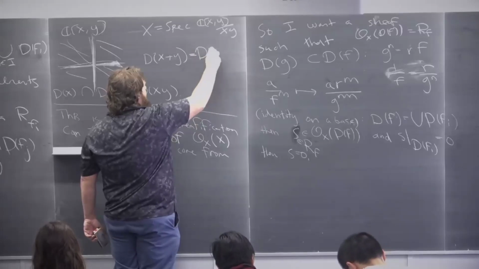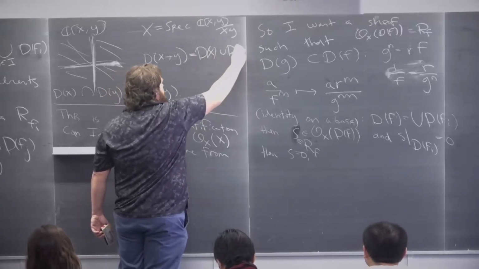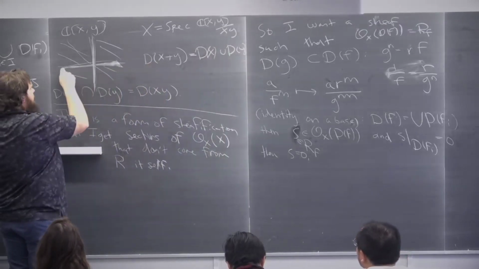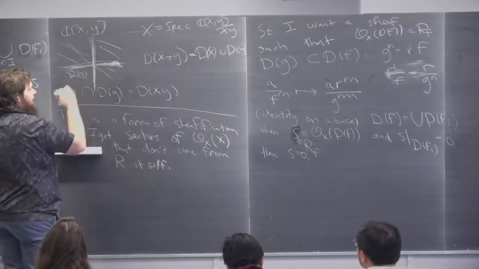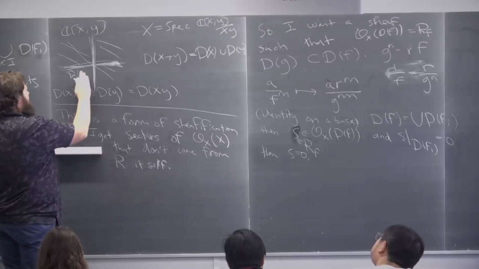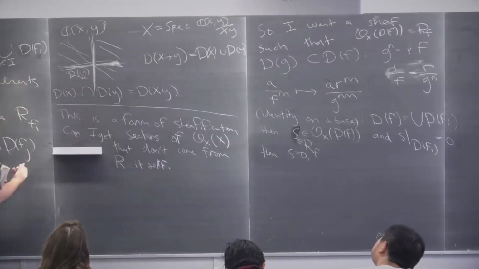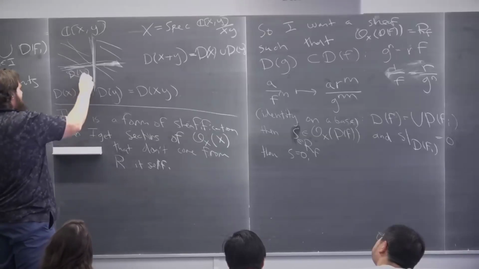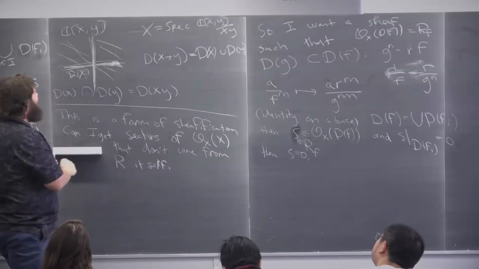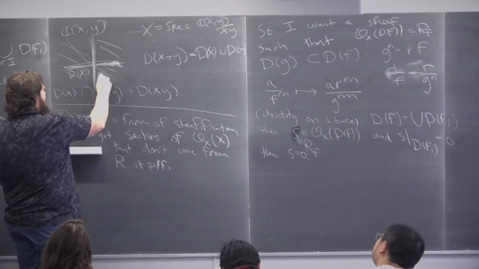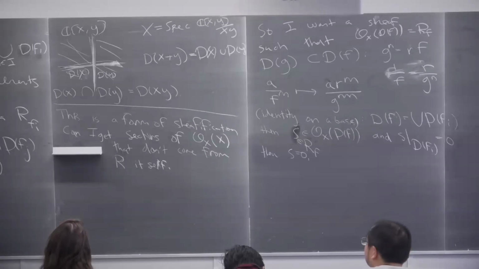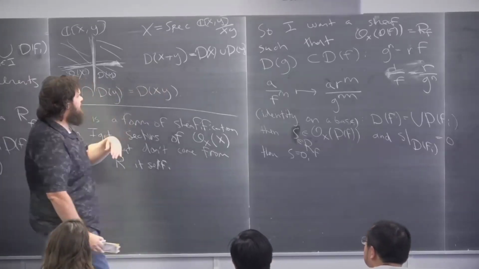But I can also write that as D of X union D of Y. Sorry, this is D of X: the points where Y is equal to 0, but X is not 0. And D of Y is the Y-axis, the non-zero points on the Y-axis. So you can have interesting unions like this.